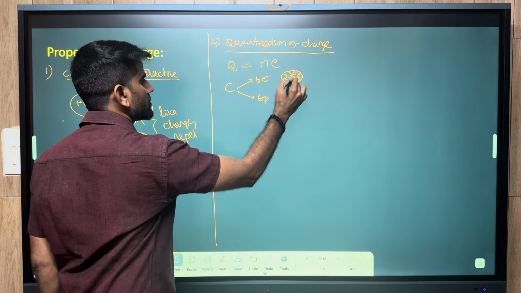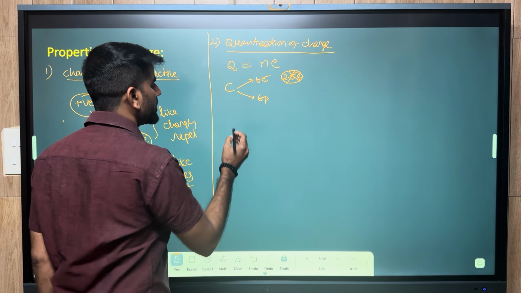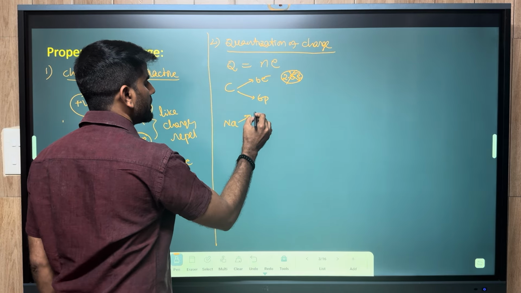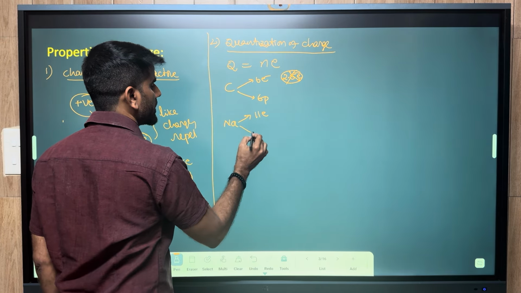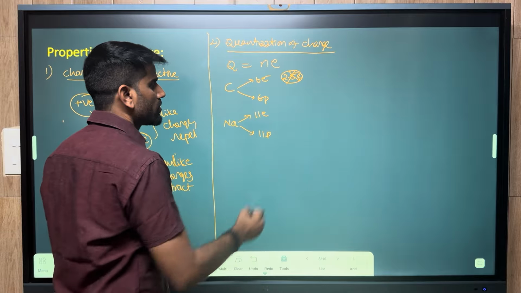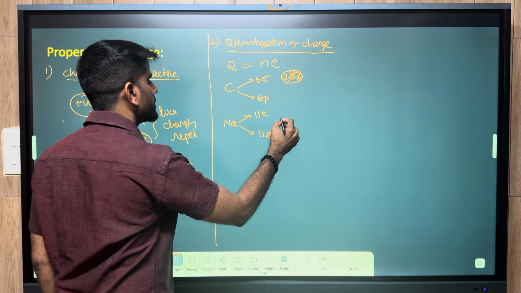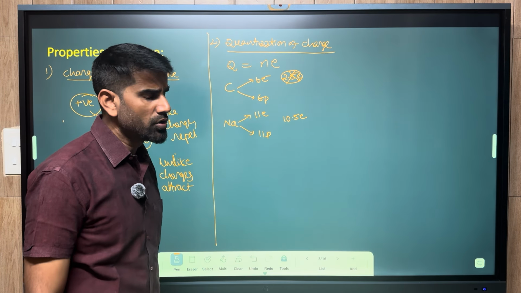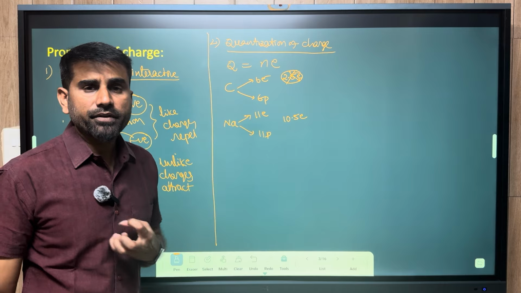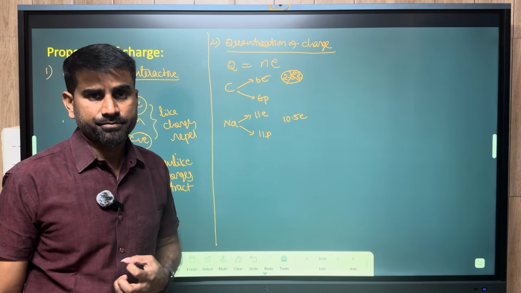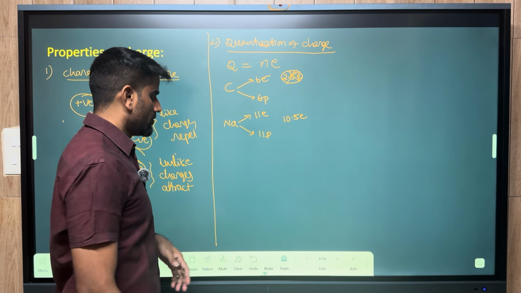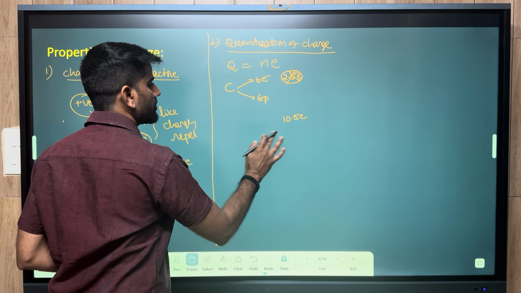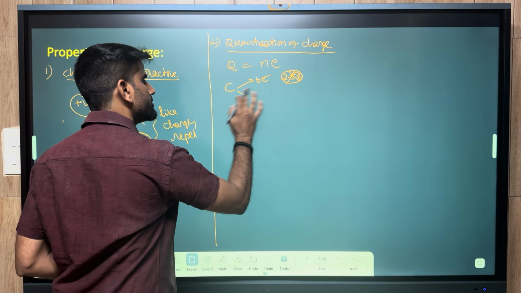No, this is not possible. Similarly, if you take sodium, in that atom we have 11 electrons and 11 protons. I won't be able to find 10.5 electrons or protons. So electrons are always available in integers in any body.